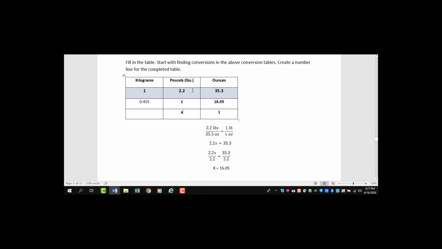I could use 1 pound is the same as 16.05 ounces, and then do x over 1.